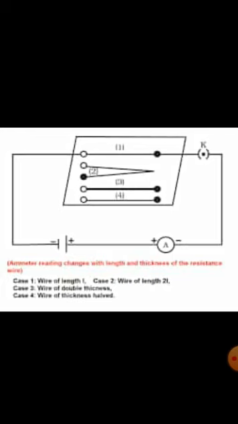Mark it as 2. But remember, it should be of same thickness. Length is twice, but of same thickness. Now consider a nichrome wire of same length as that of 1, but it should be of more thickness. Mark it as 3.